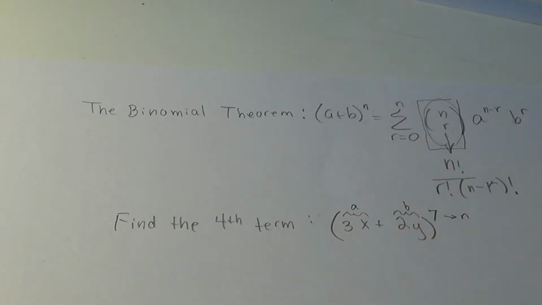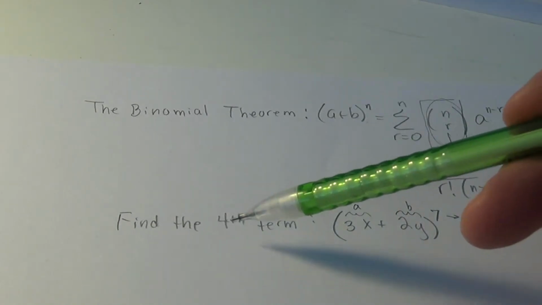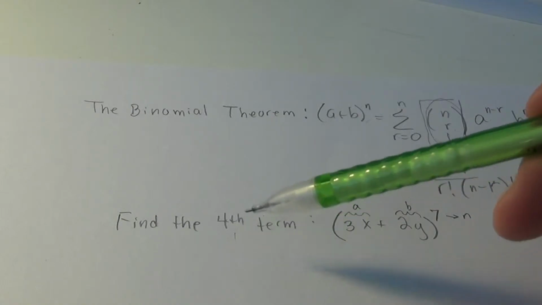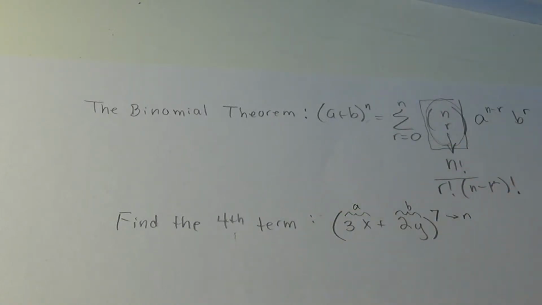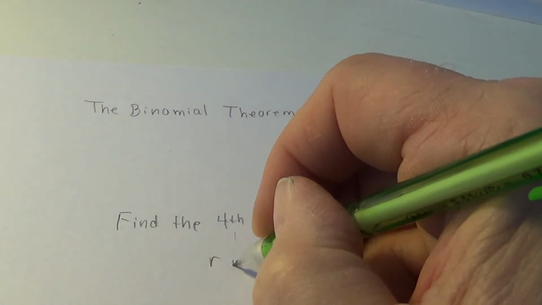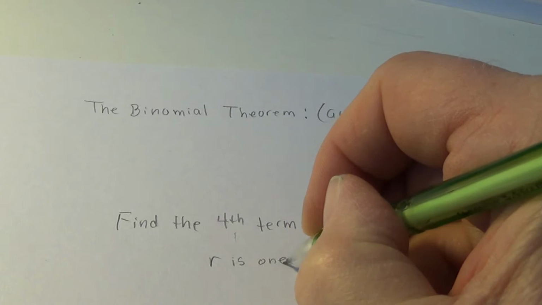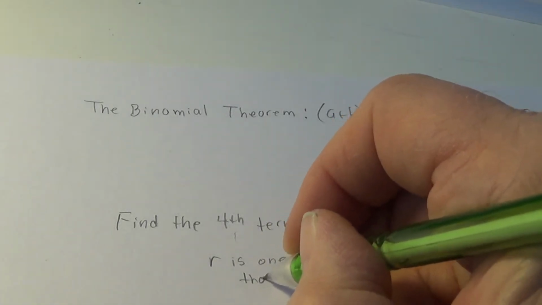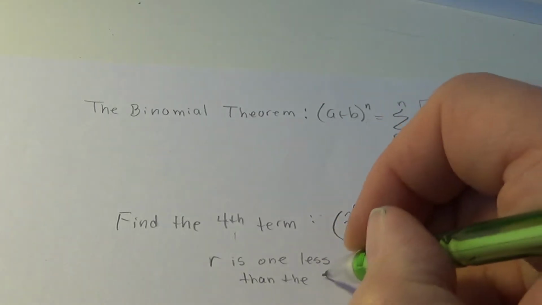The only other thing we need to identify is r, and you would think it would be 4 because we're in the fourth term, but it is not. R is always one less than the term number.